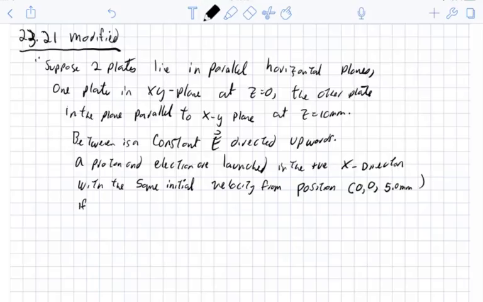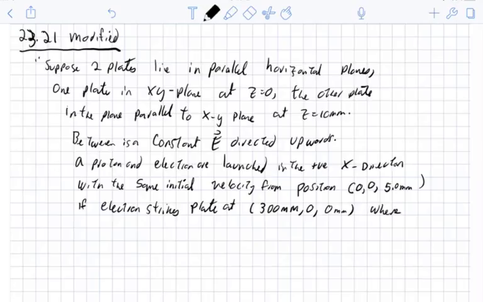If the electron strikes the plate at 300 millimeters, 0, 0 millimeters. All right. So that's the question. I've modified it slightly to make it different.